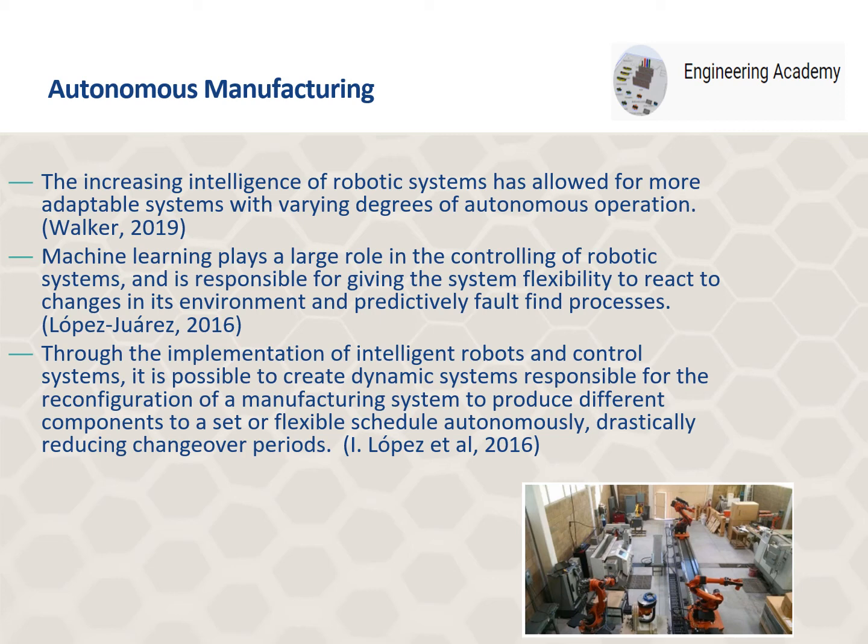Also, through the implementation of intelligent robots and control systems, it's possible to create dynamic systems responsible for the reconfiguration of a manufacturing system to produce different components to a set of flexible schedules autonomously, drastically reducing changeover periods. Changeover times in industry can be a major problem.